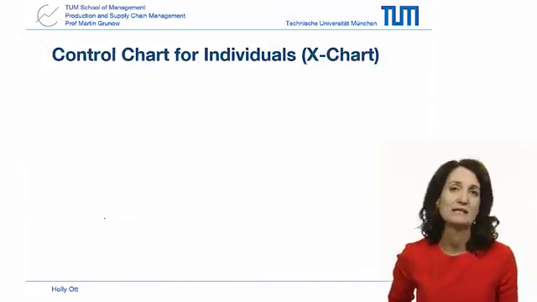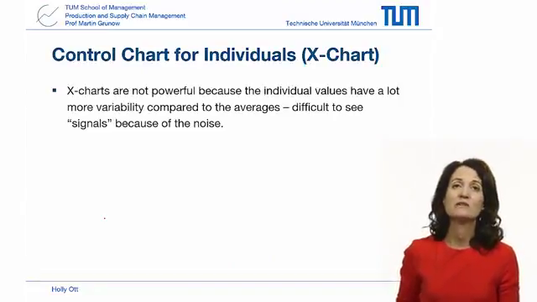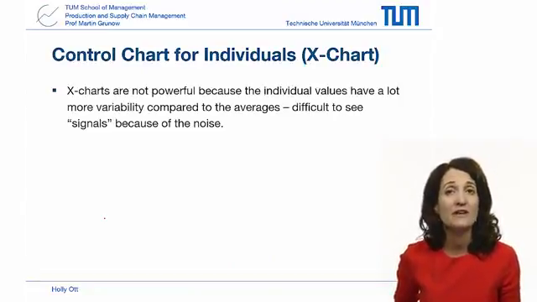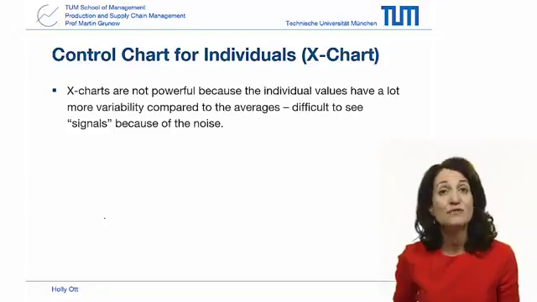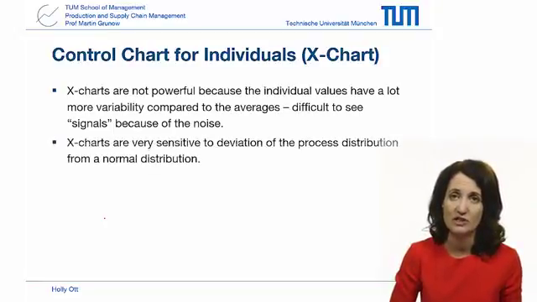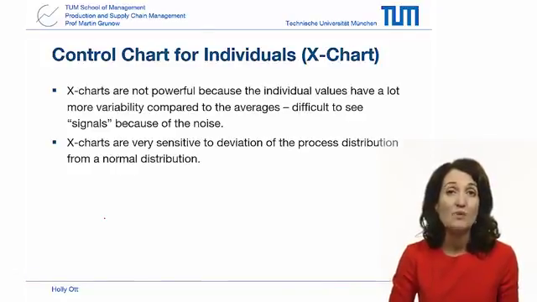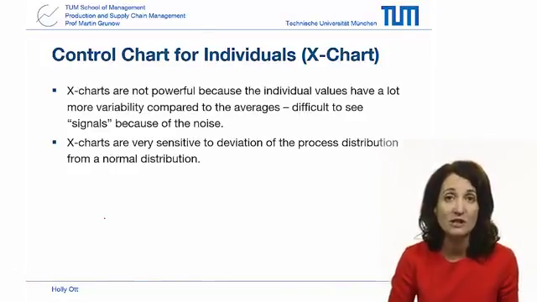So what this means is that the X charts are not so powerful. Why? Because the individual values have a lot of variability compared to the average values. It's difficult to see signals in the presence of noise. And also the performance of the X chart is very sensitive to deviation of the process distribution from normal. The X values don't have the robustness present in the X bar values, which you have from the central limit theorem.